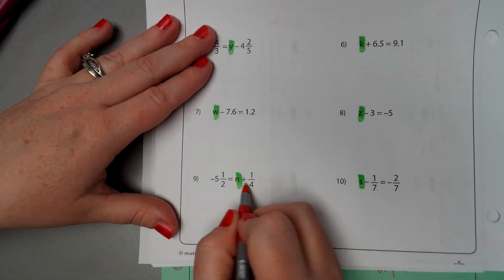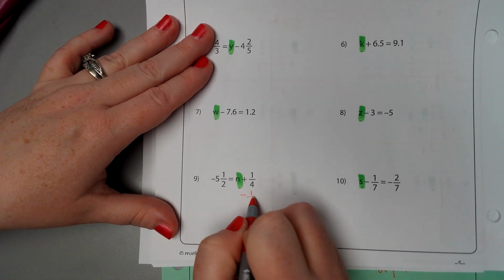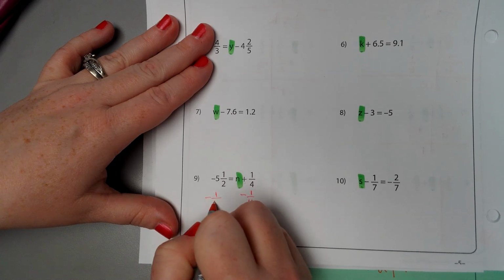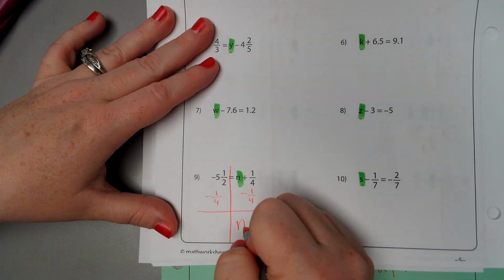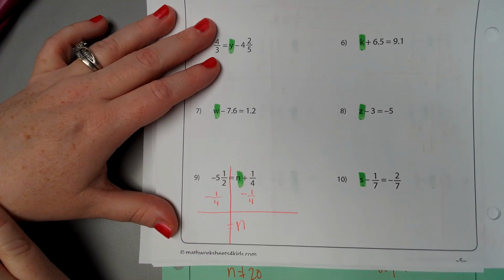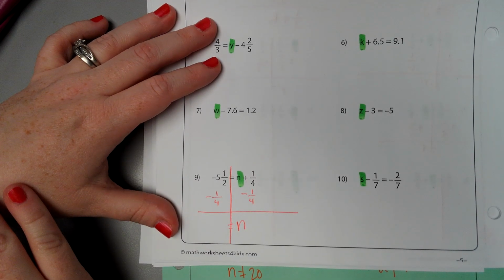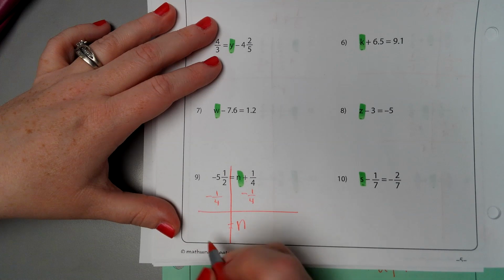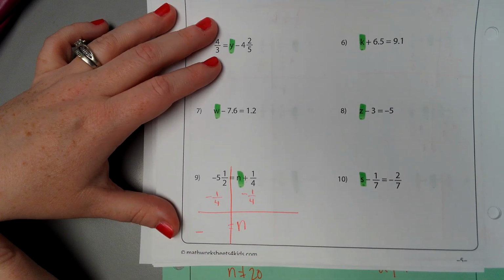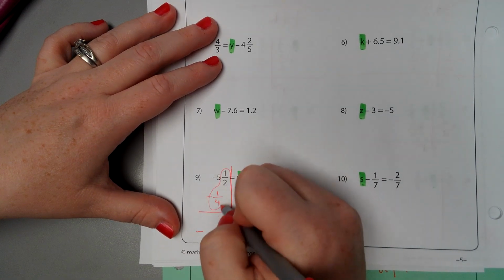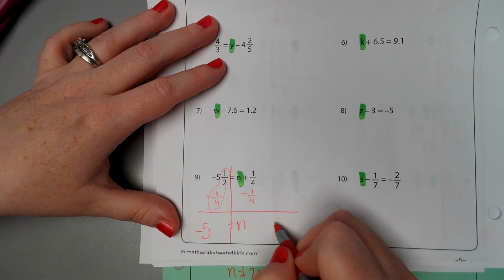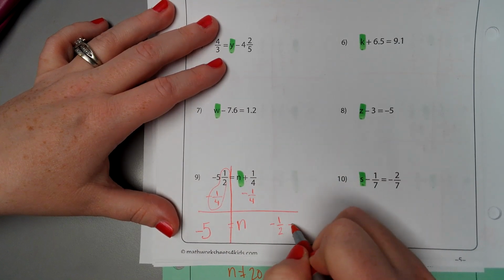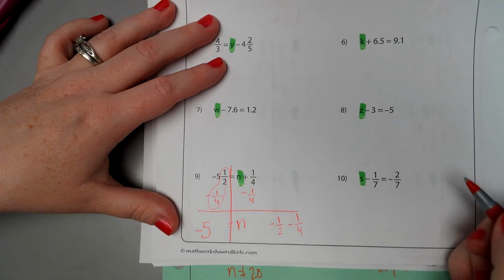So the opposite of plus 1/4 would be to minus 1/4, minus 1/4. Draw my line down, keep them separated, leaving us with N equals. So we can convert. We have a minus and minus, so we're going to have a bigger minus. We're going to combine these two. Our 5 will stay. 1/2 minus 1/4.